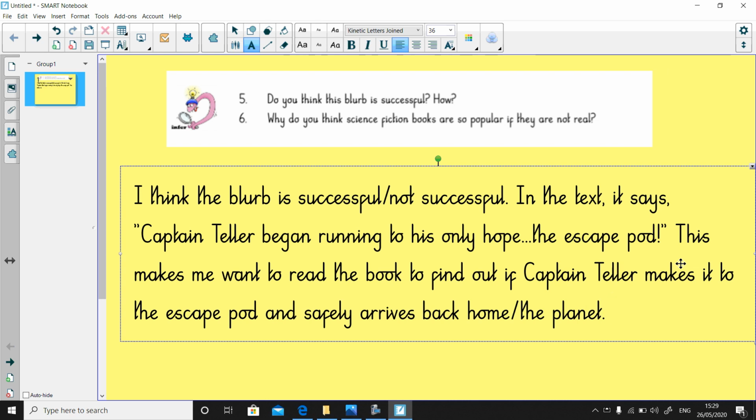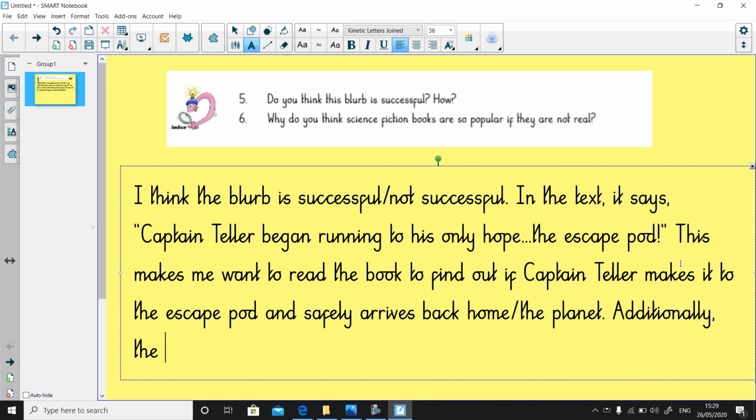But because it's a 2-mark question, really, I need to write a bit more. I either need to find some more evidence or maybe put another explanation as to why that quote makes me want to pick up the book. I'm going to put, additionally, the words, actually, I'm going to put the phrase rather than words. The phrase, because remember, a phrase is a group of words.